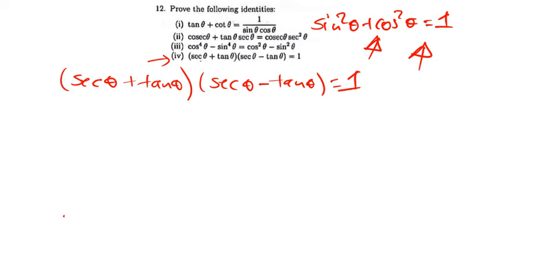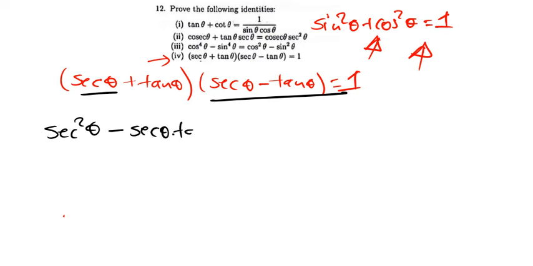Multiply the secant with everything in the other brackets. So that would be secant squared of theta minus secant of theta tangent of theta. And then go to this part again. That would be plus tangent of theta secant of theta, and then minus tangent squared of theta.